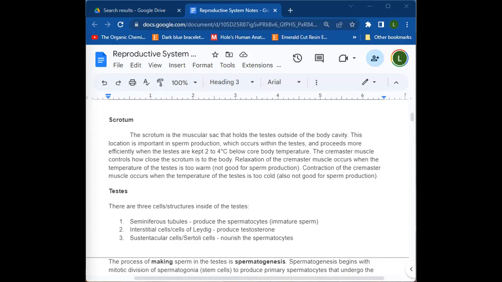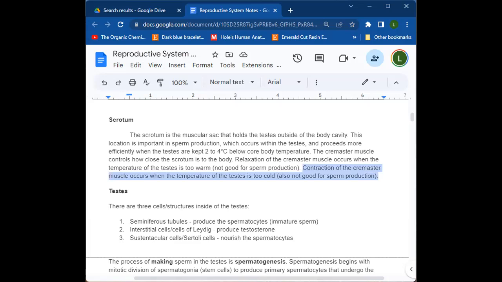There's also a specific muscle called the cremaster muscle, which controls how close or how far away the testes are from the body. When the cremaster muscle contracts, that will pull the testes closer to the body and help warm them up.